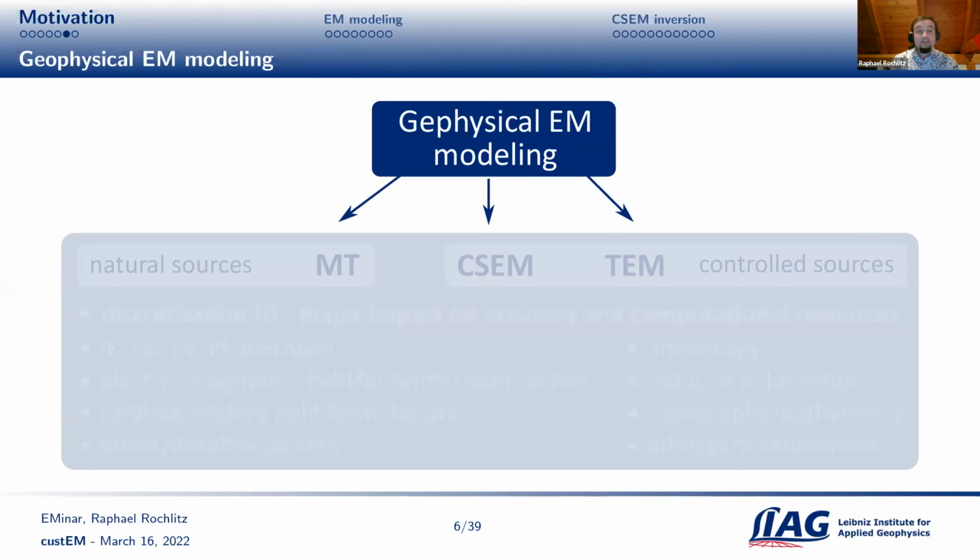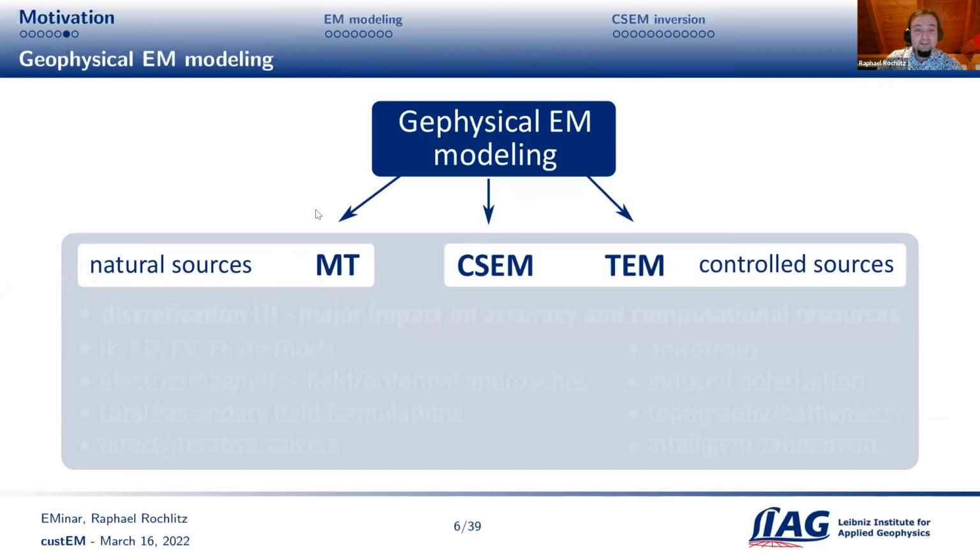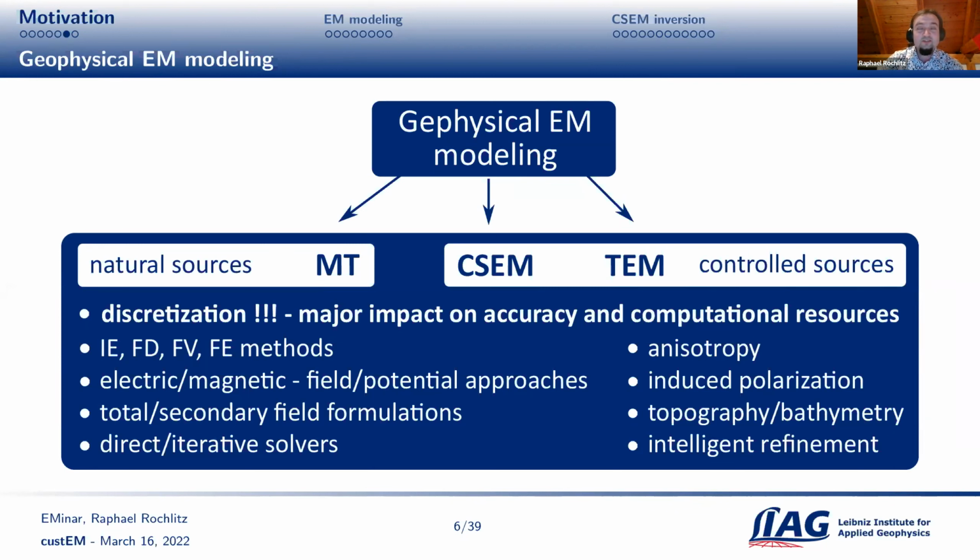So if we think in this manner about geophysical EM modeling, it involves, as I said already, magnetotellurics, controlled source electromagnetics, and transient electromagnetics. And all these methods have a bunch of functionalities which we require in common. So we need a numerical method for each of these geophysical disciplines.